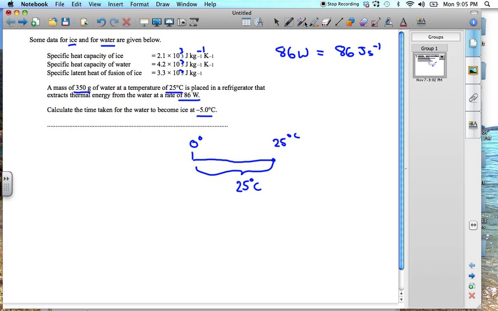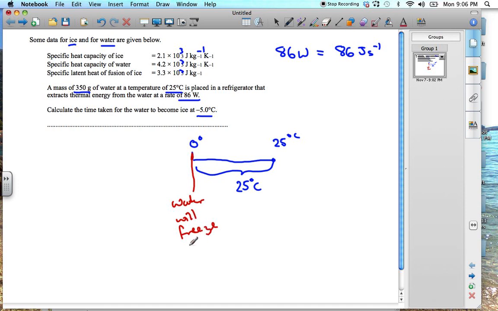You then have this situation over here. I'll just do it in a different color. At this point, the water will freeze. Again it's going to give out energy because the bonds are going to become more stable, and they're going to go to a lower potential energy, and so give out energy.